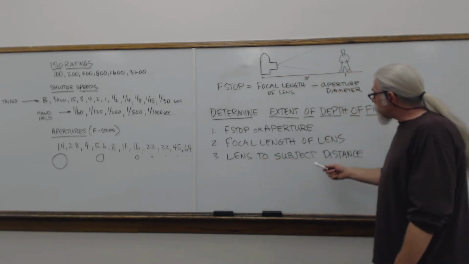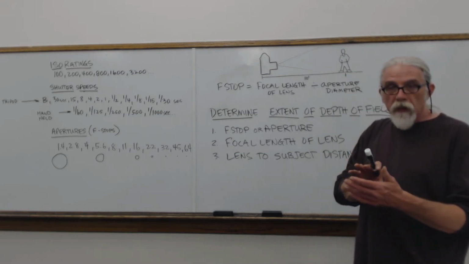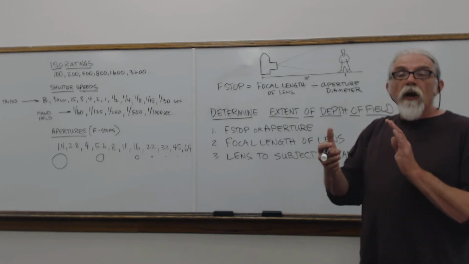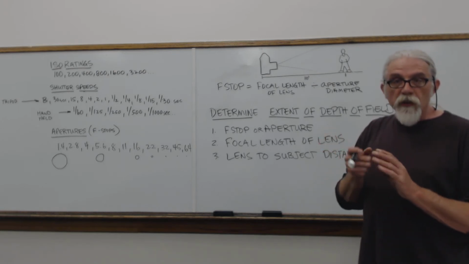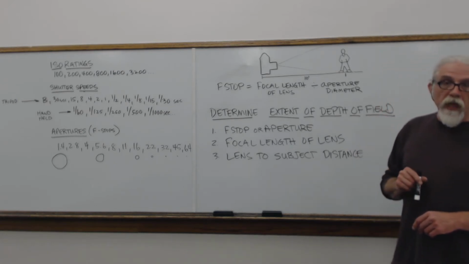Also, we have lens to subject distance. The closer that we move to an object, and especially if we're using a longer lens, our depth of field even gets smaller. So the mix is very difficult, especially photographing macro style imagery.